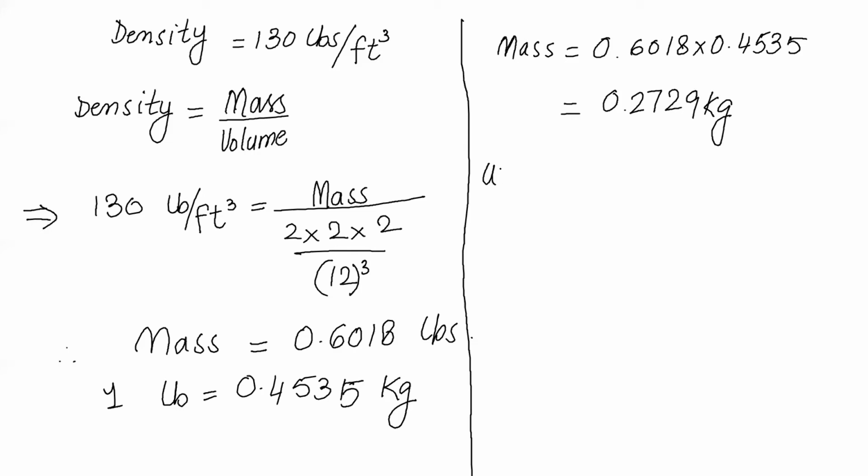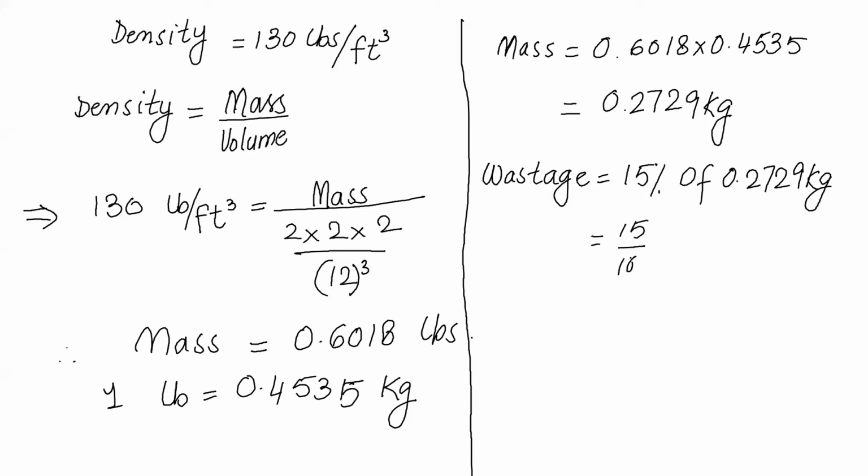And now you have to add wastage, and the wastage is 15% here. So 15% of total mass 0.2729 kg: 15 divided by 100 into 0.2729 kg.